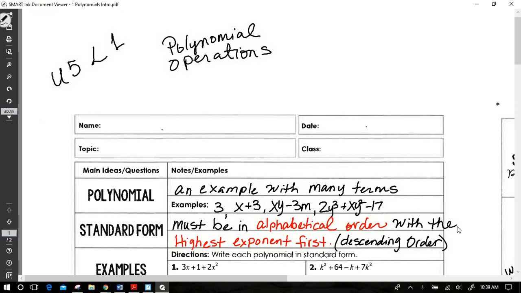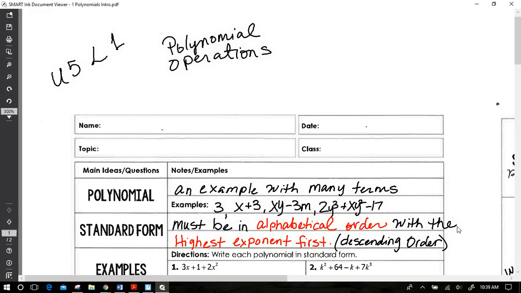Also, just talking about what we call these things, okay? And then we will be multiplying, and eventually we're going to get to dividing polynomials, which has a special name. Okay, so we're going to get through these 6 lessons on polynomial operations.